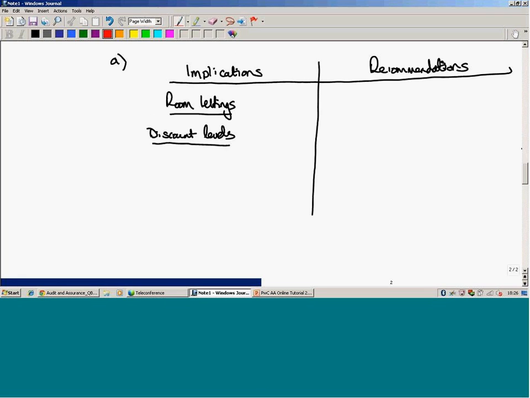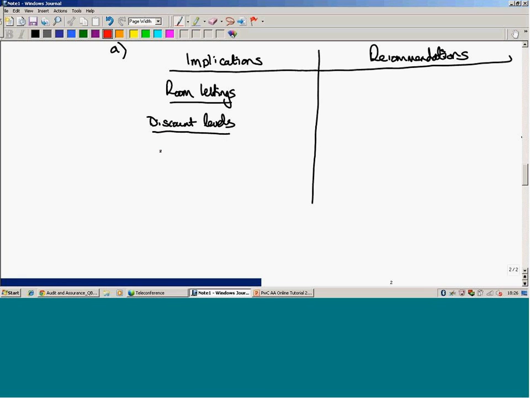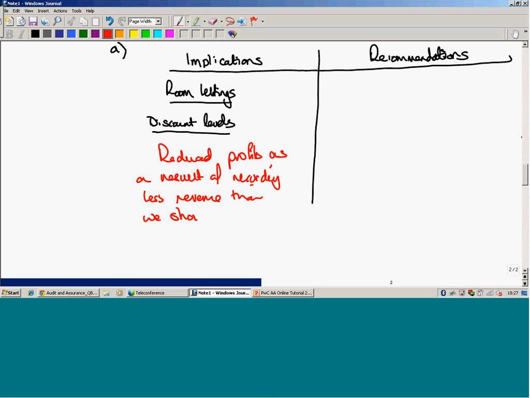So straight from the off, a possible implication is reduced profits as a result of recording less revenue than we should. A big discount on everything means a lot less revenue than I ultimately should be getting.